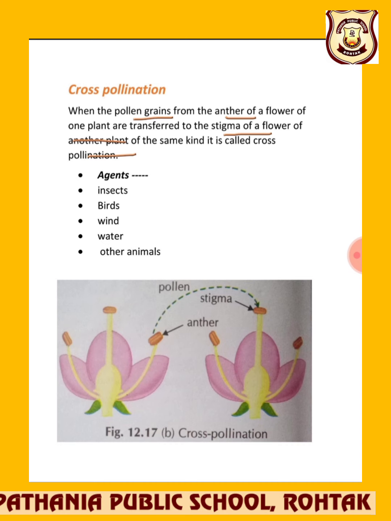Means you can see that pollen grains are transferring from one plant to another plant. It can be done by insects, birds, wind, water or other animals. It is possible, beta, through any of these agents. So we will take them one by one.